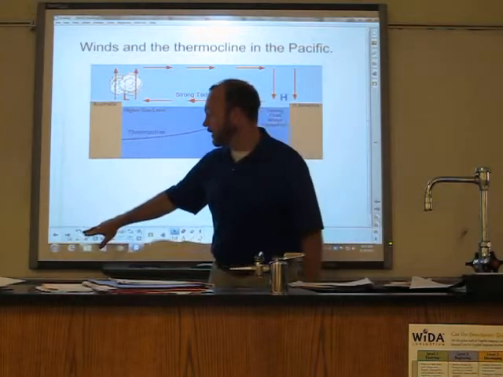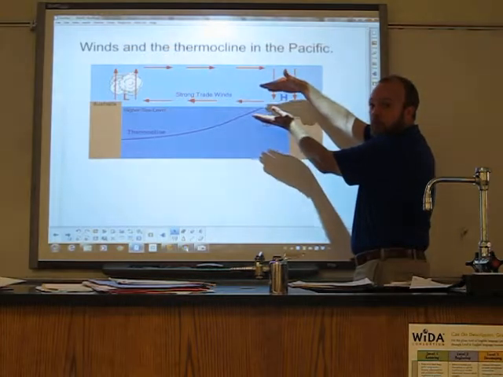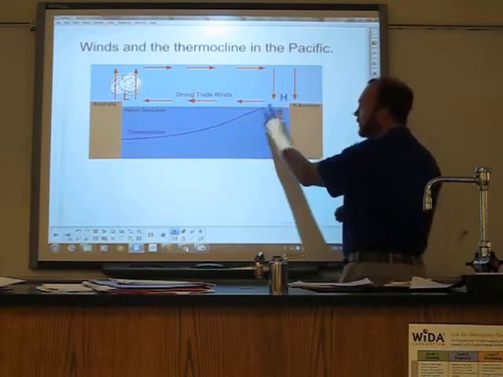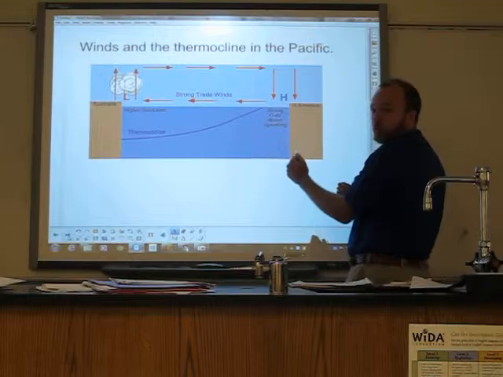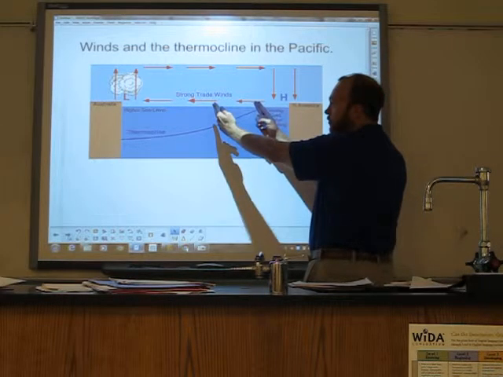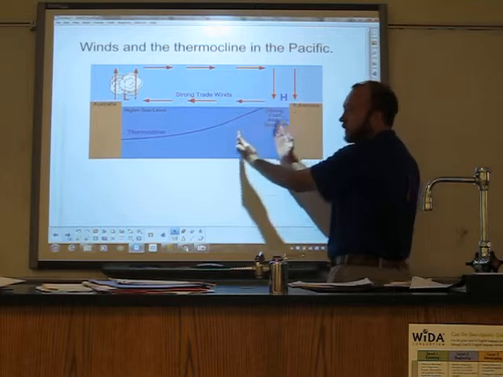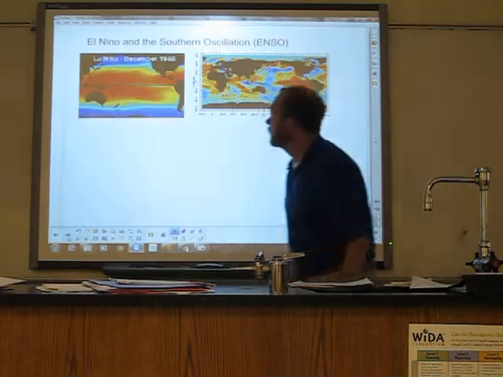And that distinct change is what we call El Nino. So if the wind quit blowing or quit blowing strongly, this thermocline would shift. And there would be less cold water here and more warm water here. So when we have an El Nino year, these winds are not as strong or they even reverse. You're going to get warm water off the South American coast and cooler water off of the Australian coast.